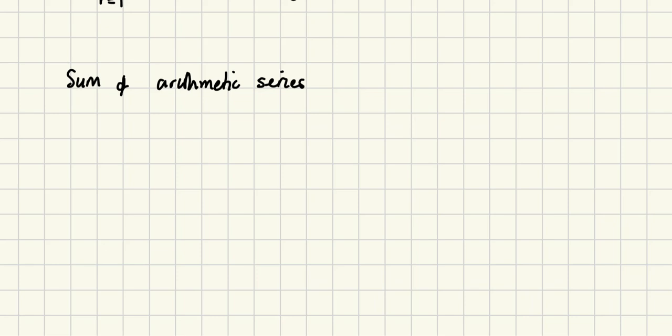So an arithmetic one, does anyone want to tell us? Arithmetic means it goes up in a linear way, adding the same thing every time. All right.